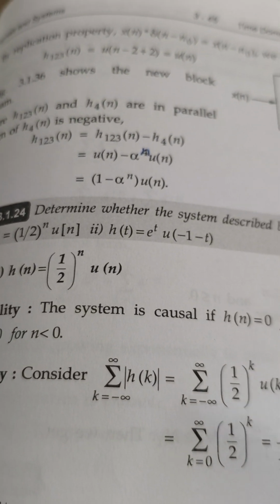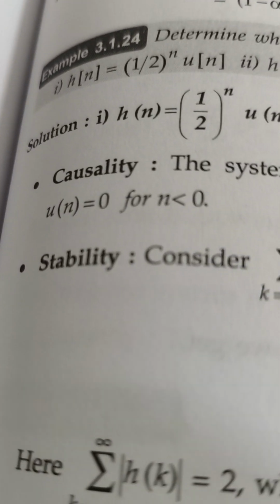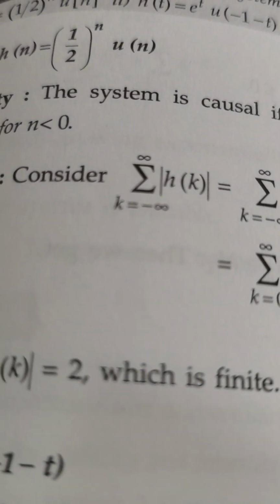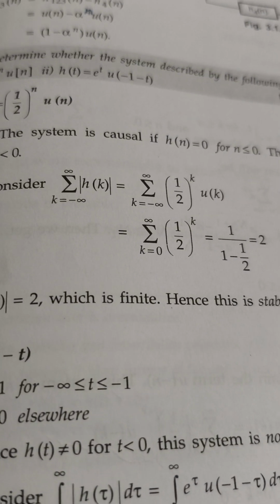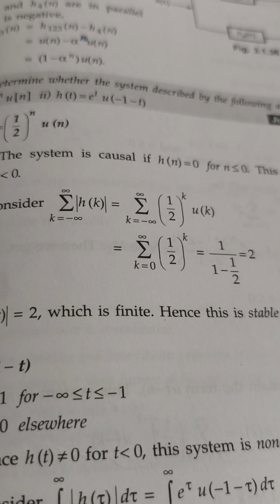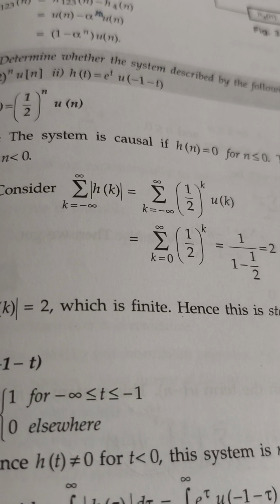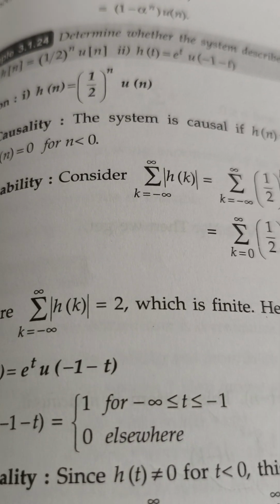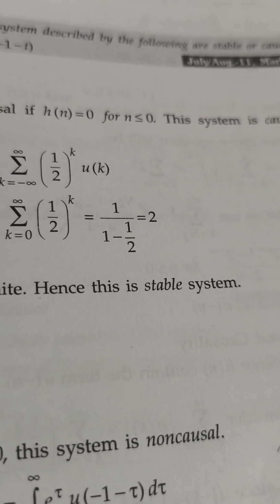What is the condition here? While discussing the stability of a system, if the summation of k equal to minus infinity to plus infinity of h of n is less than infinity, then such a system is called stable.